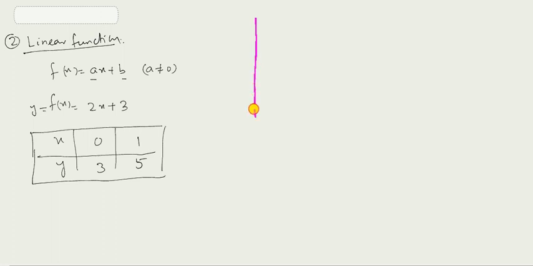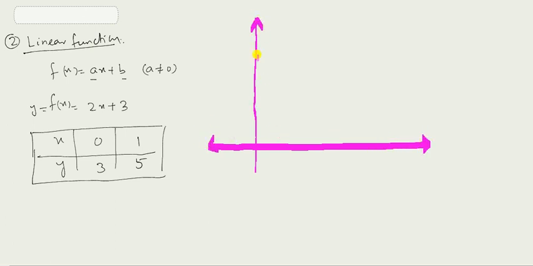This is our y-axis, and this is our x-axis. Then we'll draw the points. The points are like this. This is 1, 2, 3, 4. This is also 1, 2, 3 and 4.